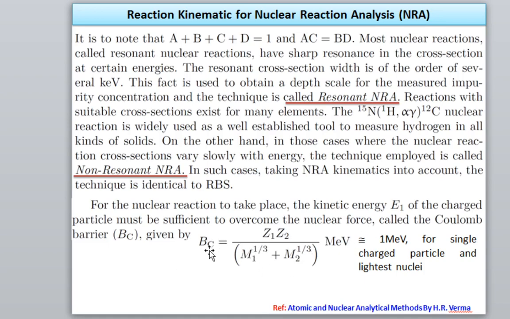In the case of PIXE also I have given the Coulomb barrier energy. If you take the lightest particle of single charge, that is the proton, it requires about 1 MeV to cross the barrier.